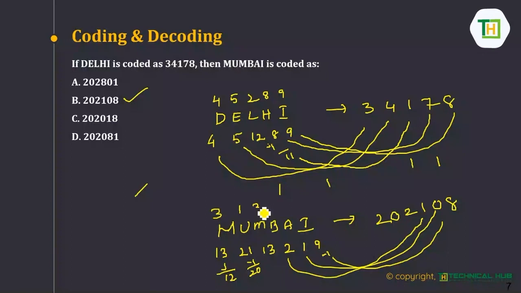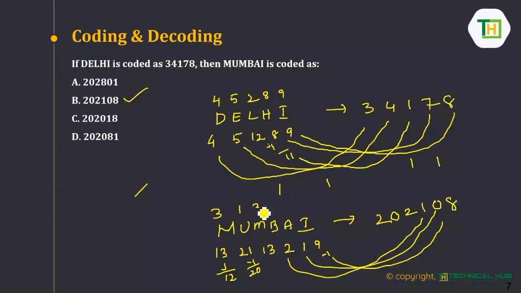If Gulmohar is coded as TFONLSZI, then what is hyper coded as? So if the word is Gulmohar, so G, U, L, M, O, H, A, R, it is coded as TFONLSZI.